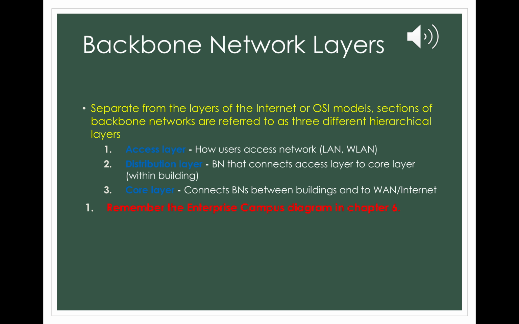These hierarchical layers include the access layer, the distribution layer, and the core layer. We went over this in some detail in Chapter 6, and I highlighted that at the bottom. So this slide here is colorful, and it's your warnings, and it's your basic information.